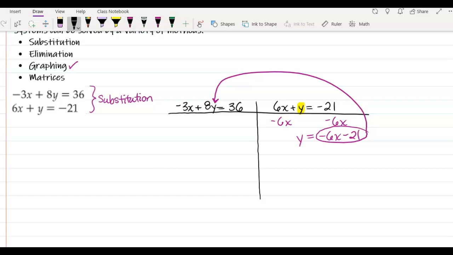So now I'm going to rewrite this equation, 3x plus 8y, but I'm going to take out y and put in some parentheses. And then in those parentheses, I'm going to write what y equals from my right column. Now I distribute.